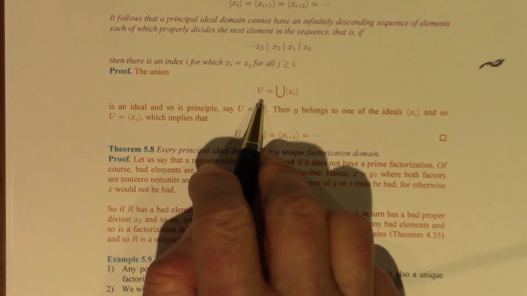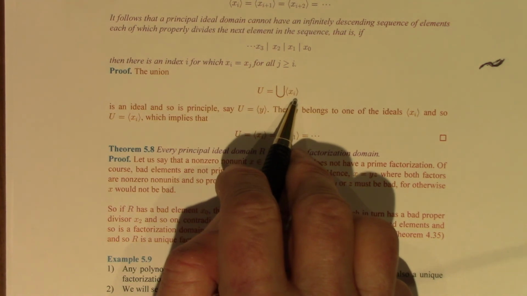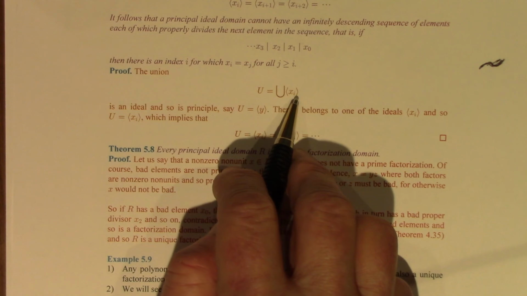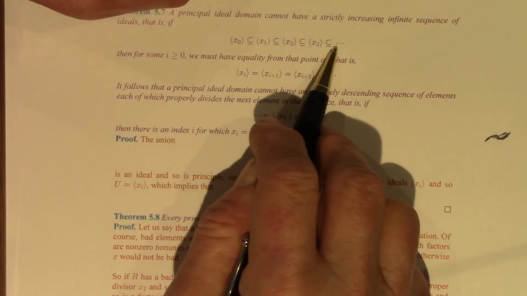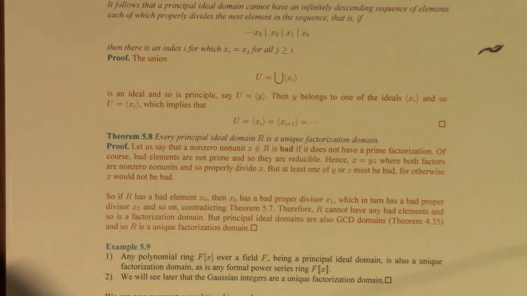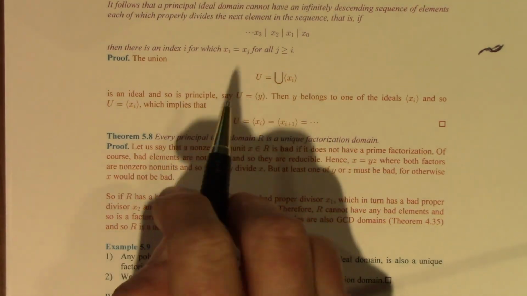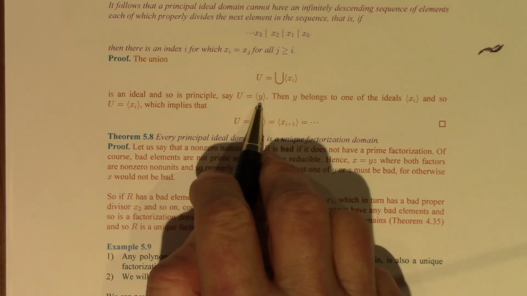The proof goes as follows. If we take the union of these ideals, in general, the union of ideals is not an ideal, but the union of a non-increasing chain of ideals is an ideal, and I'll let you prove that. Therefore, it's principal, so it's generated by an element y.